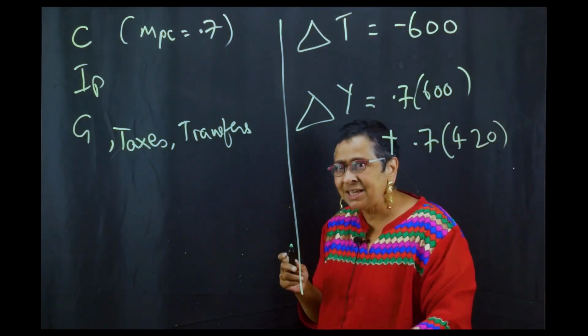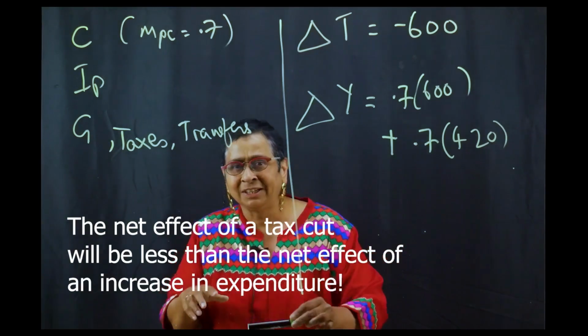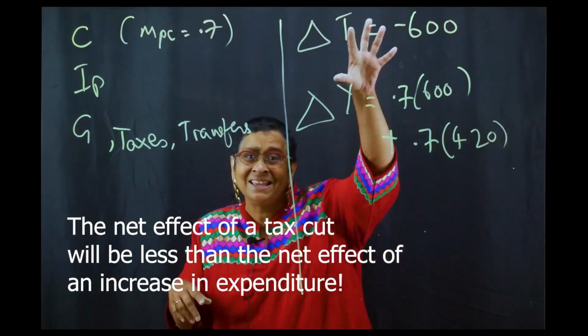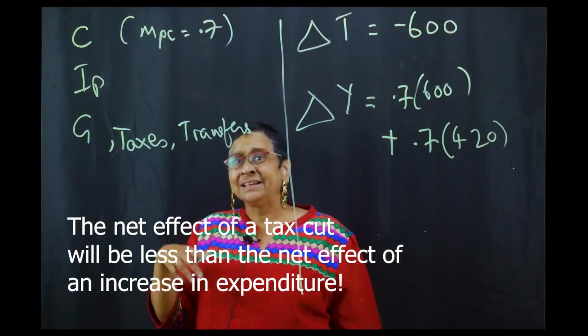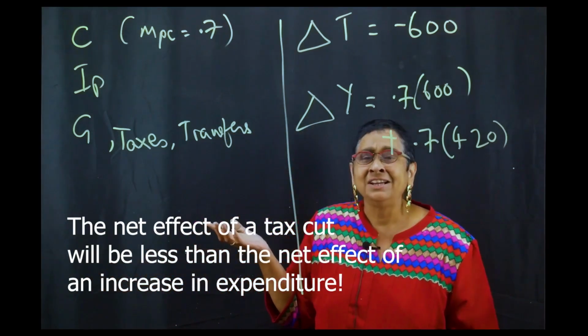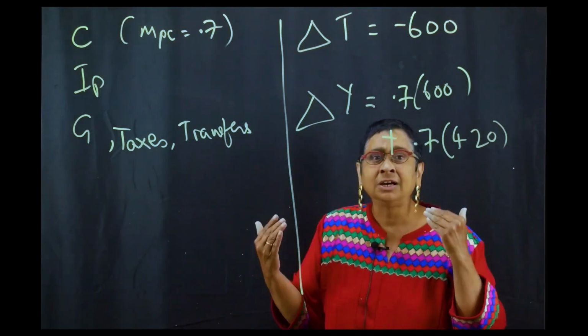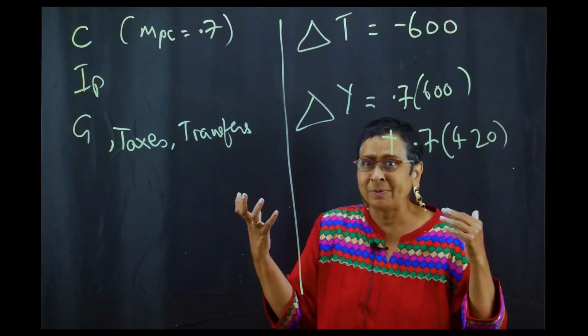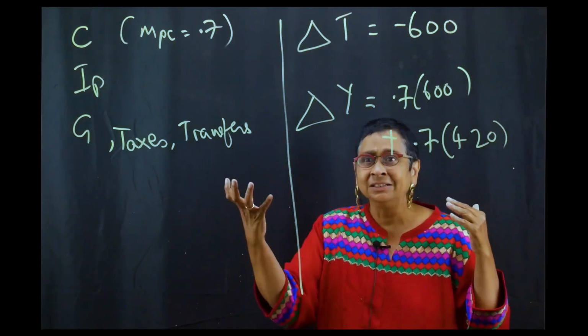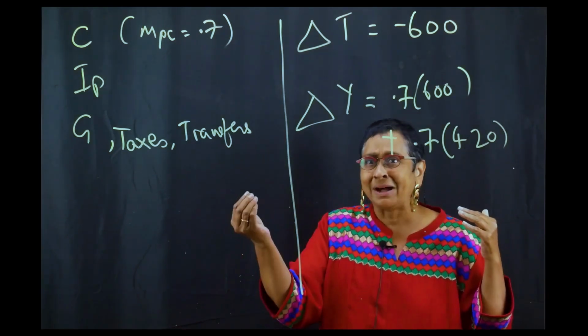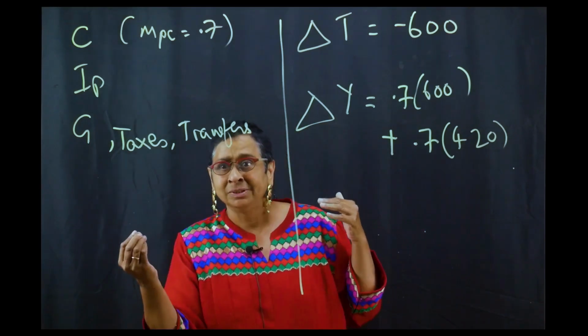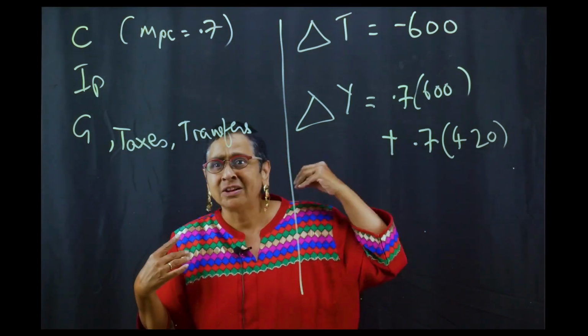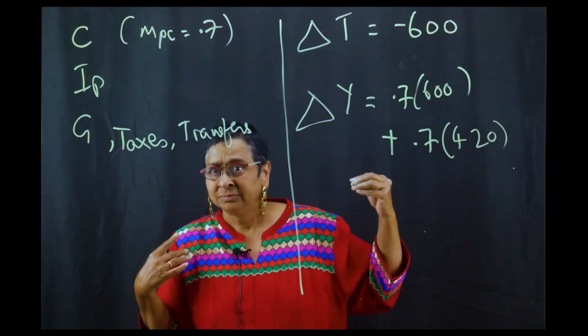So you can see that the net effect of a tax cut is going to be in sum less than the net effect of an increase in expenditure. Dollar for dollar, $600 increase in expenditure gave me a higher amount of bang for the buck in terms of expansion of income compared to $600 of tax cut.